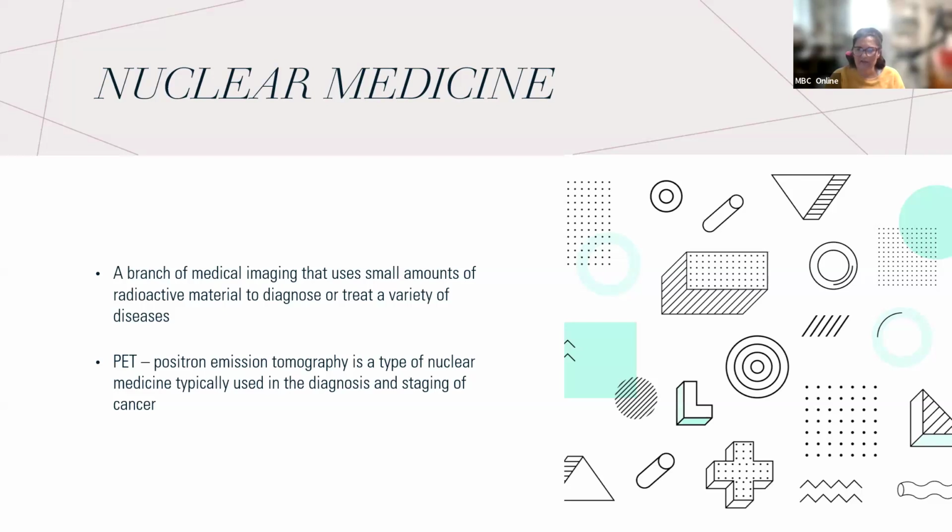If you've ever heard people say she's getting a PET scan, that's what PET is. It's typically used in the diagnosis and staging of cancers. If you know somebody who was dealing with cancer and you heard PET scan, that's what it is. It's used to help diagnose it and tell which stage it is.